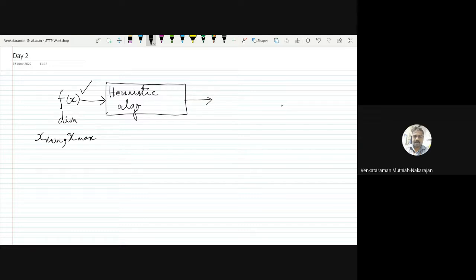If you have multiple algorithms, then you have to feed this information to multiple algorithms and get the output. The output you can expect is the global minimum location x star and the function value at the global minimum location, f of x star, where x star is the global minimum or the global best.